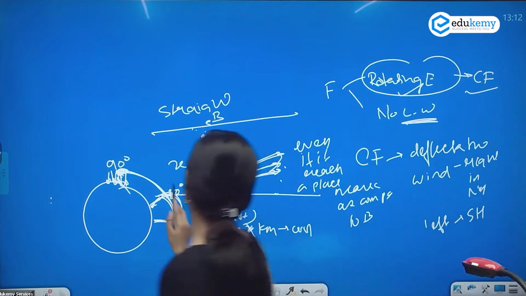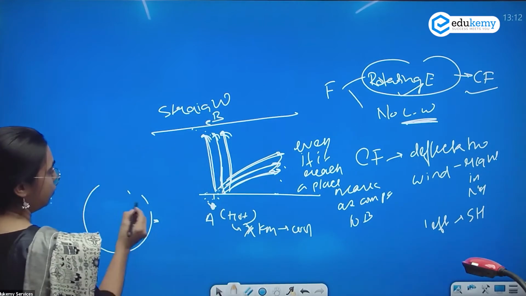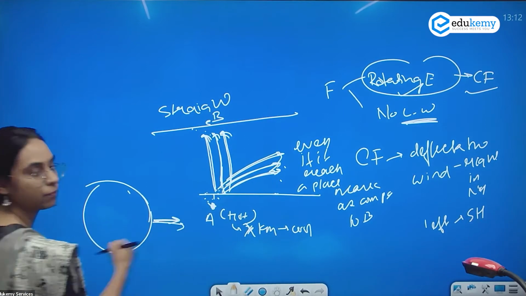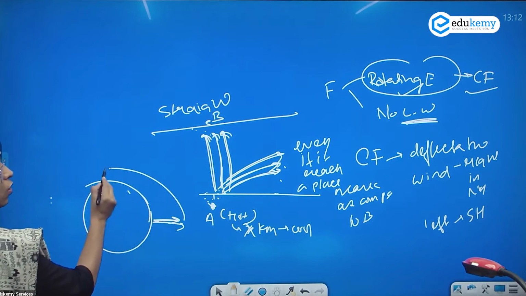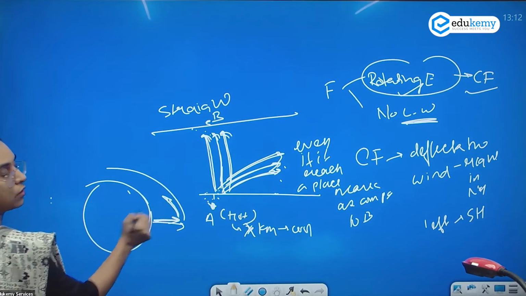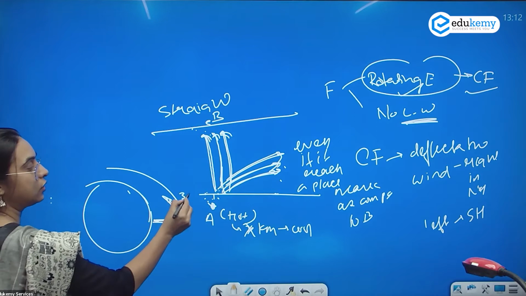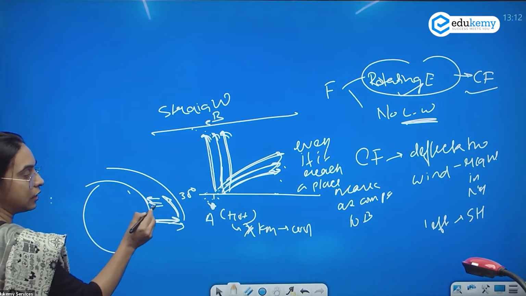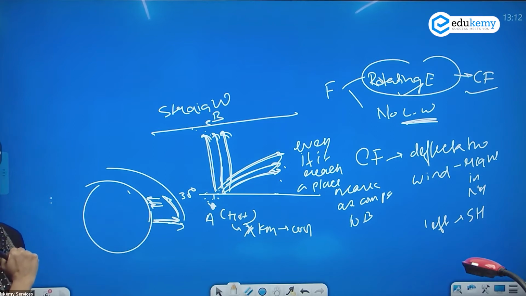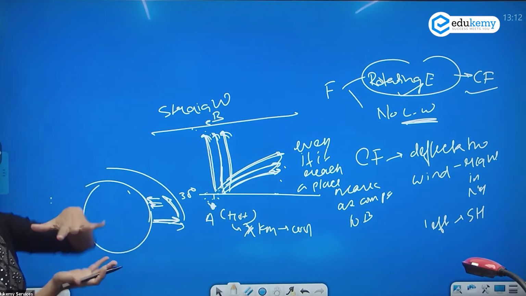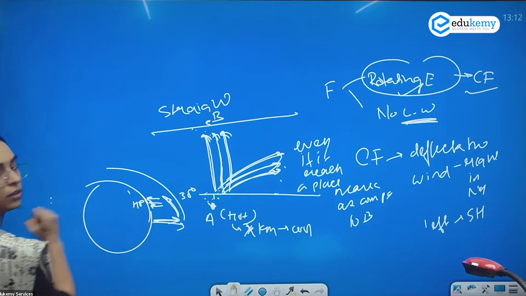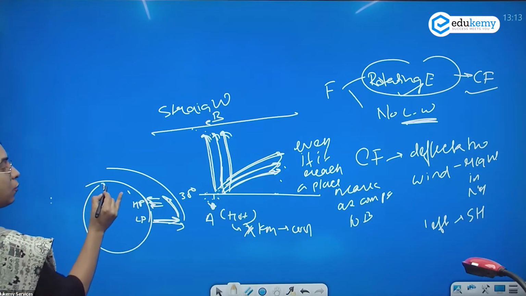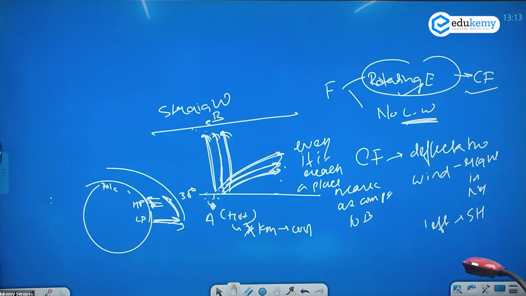And Ferrell says that the wind rises along the equator, the wind moves along the tropopause, the wind reaches at 30-degree latitude, cools, and therefore will sink. As it is sinking, there will be high pressure here, there will be low pressure here. Now we know at poles, the poles are always cool.